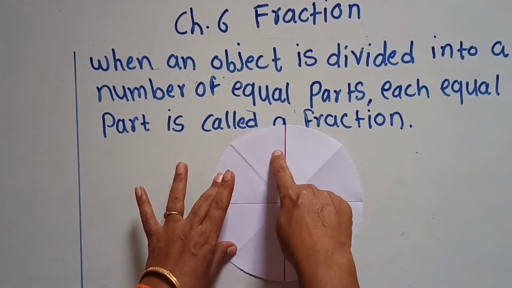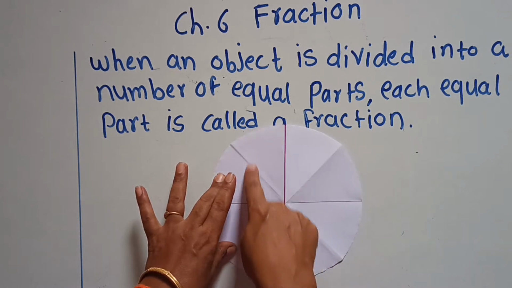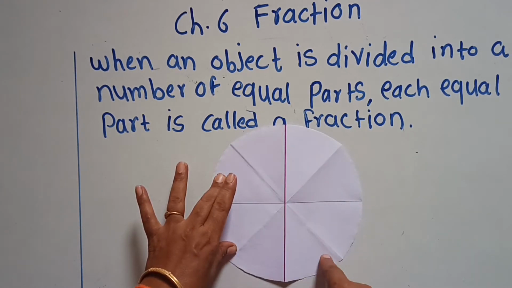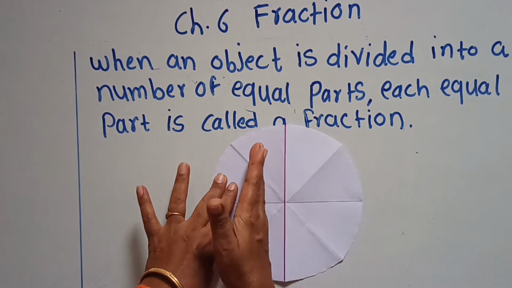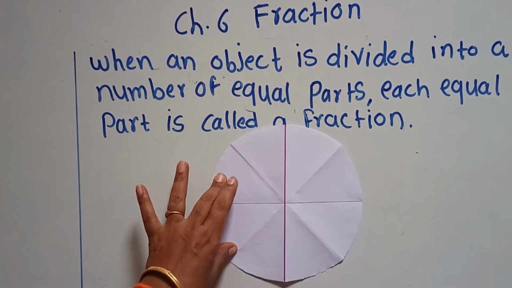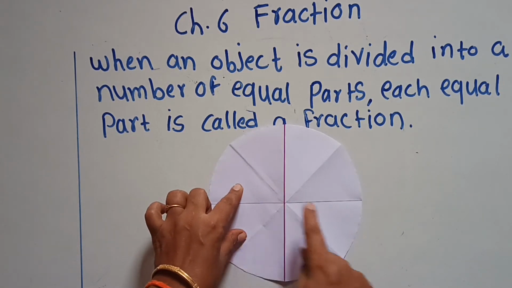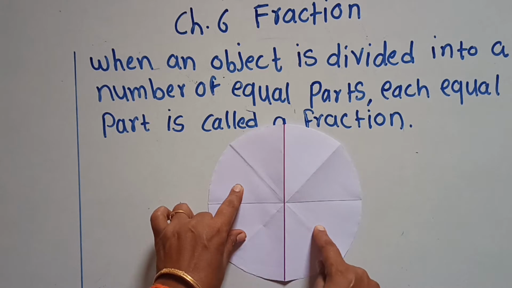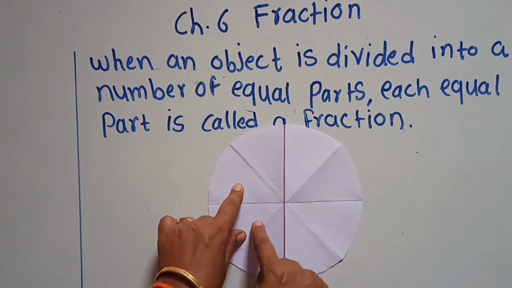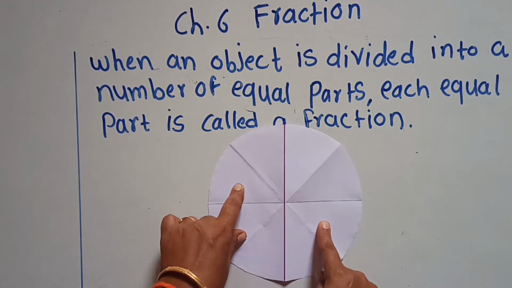This is a whole circle, and this half is called 1/2. See, in this picture there are two parts. Both parts are the same.